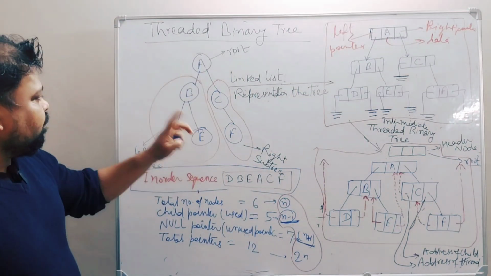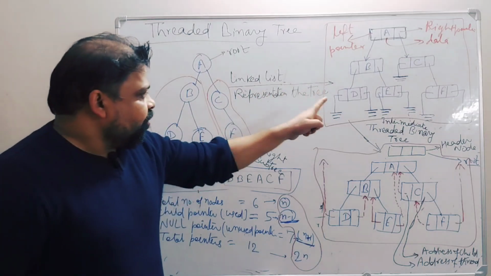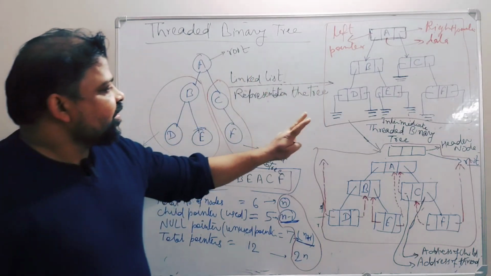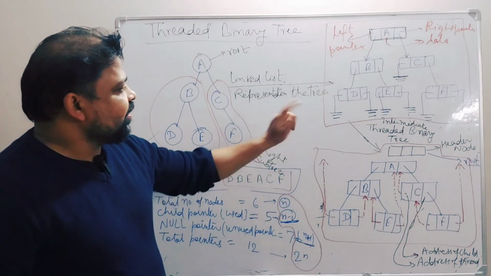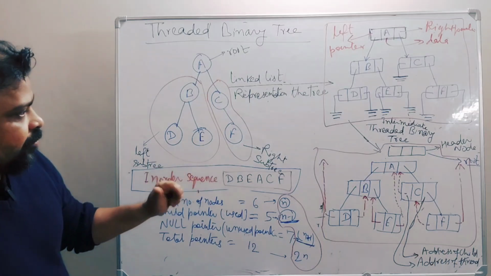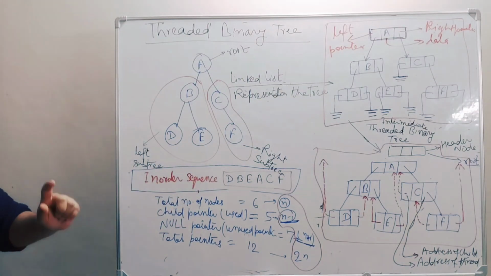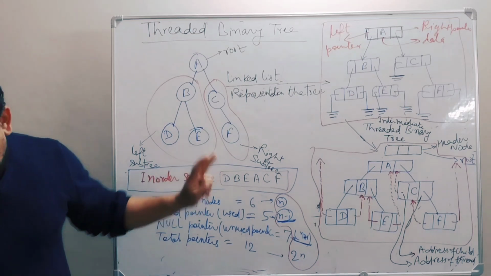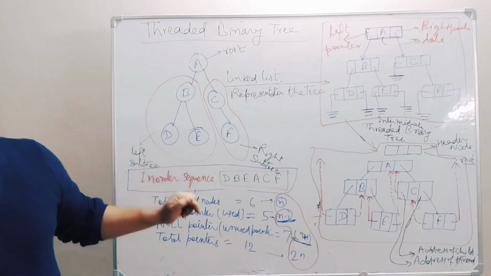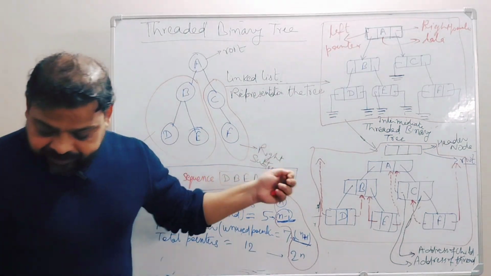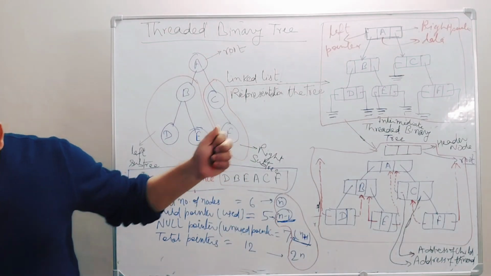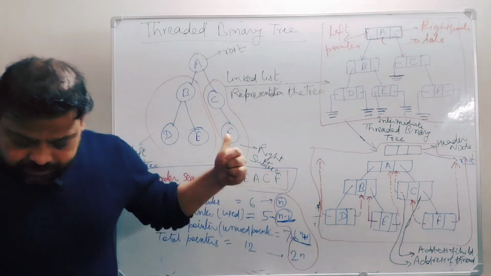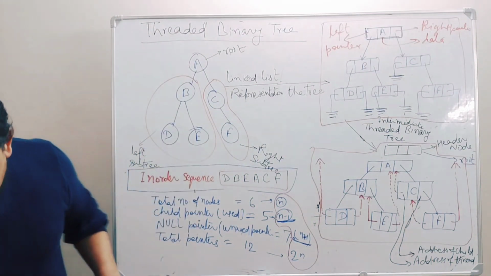If you are using the binary tree represented in the form of a linked list, most of the n plus 1 pointers are pointing to null. So that is the wastage of memory. But as we know, data structure is used to utilize memory in an optimum way, but here we are wasting memory because we are pointing to null.